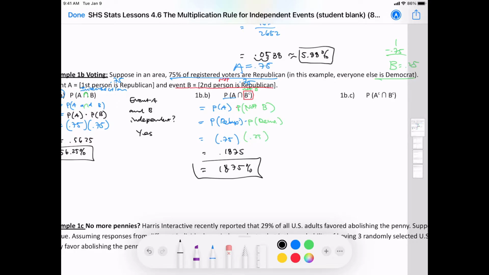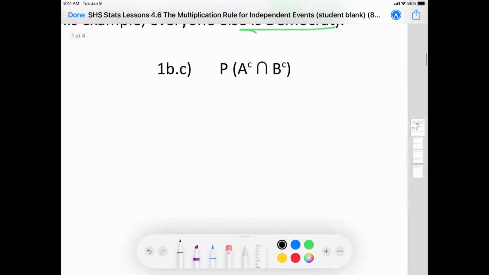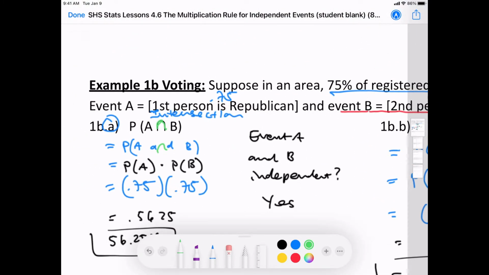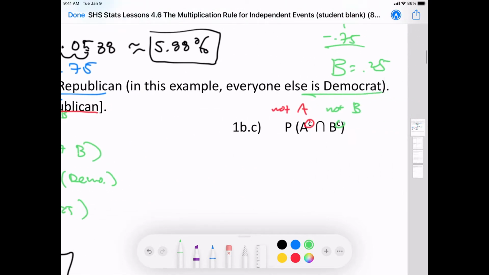Alright, why don't you try example C, and then press pause, and press play when you're ready. Alright, in this example, it wants the probability of, what does the C mean? So not A, and the same thing, not B. A means event A is the first person is Republican, so they don't want a Republican.